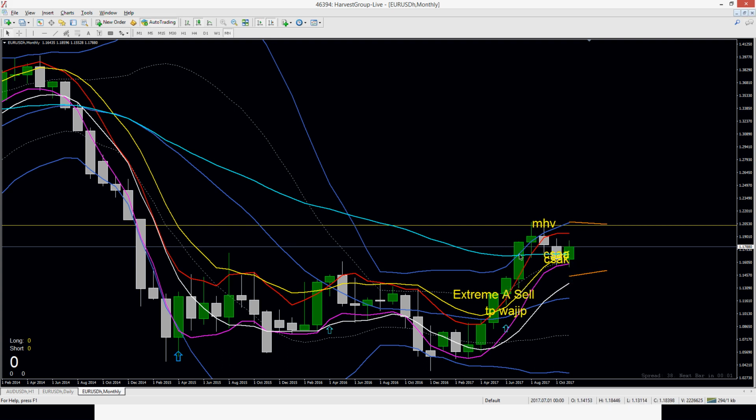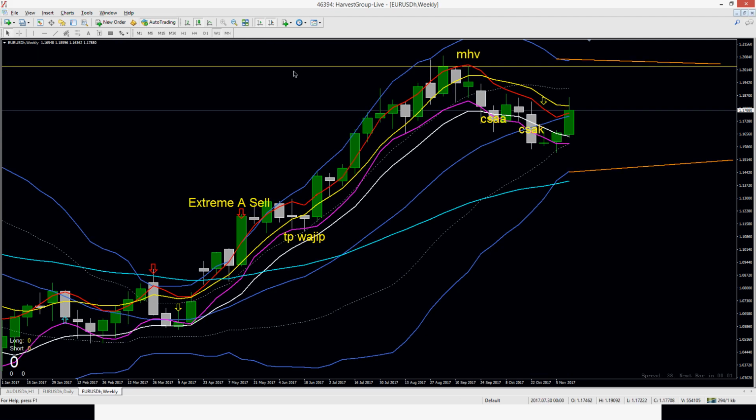Okay, because on the monthly time frame you have candlestick momentum, and this is a re-entry buy on a higher time frame. Okay, so we have to be careful with this sell setup on the weekly. Okay, because there's a higher chance that the price went down on the weekly just to create a re-entry on a much higher time frame due to the higher time frame is on an uptrend.